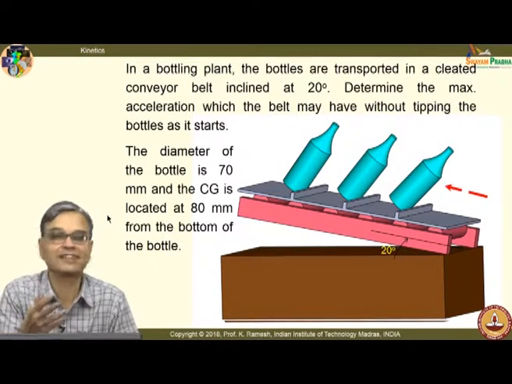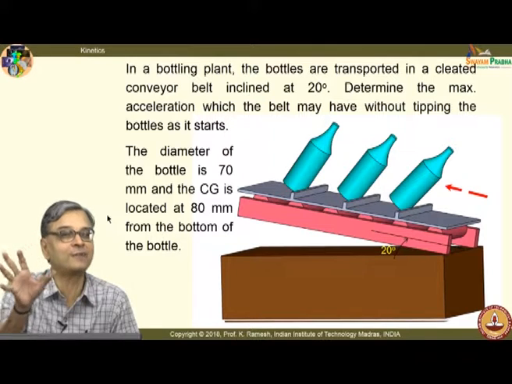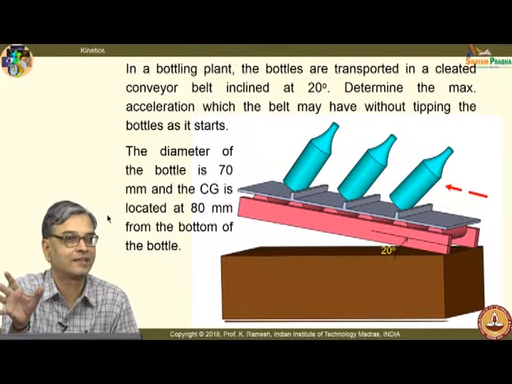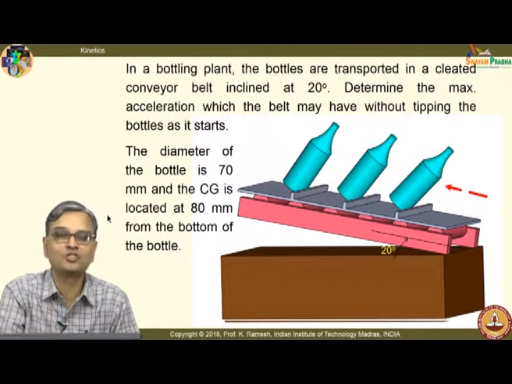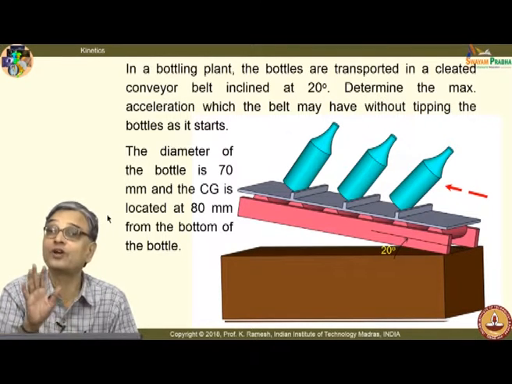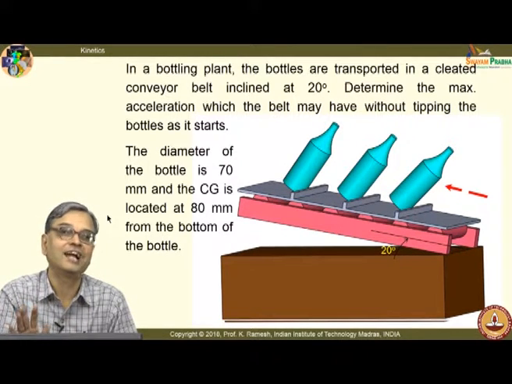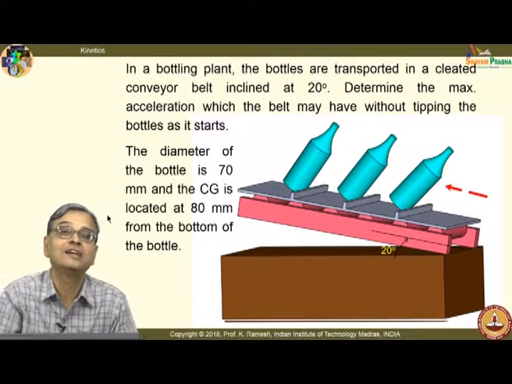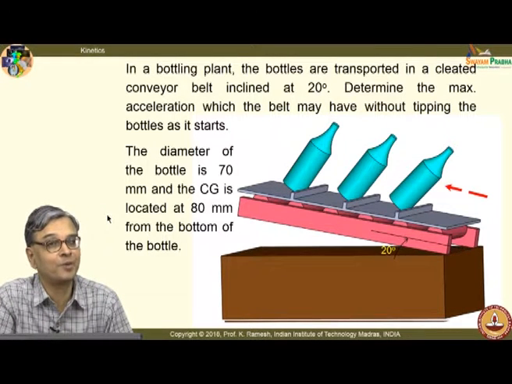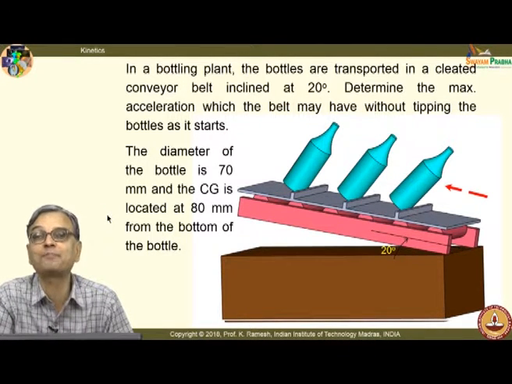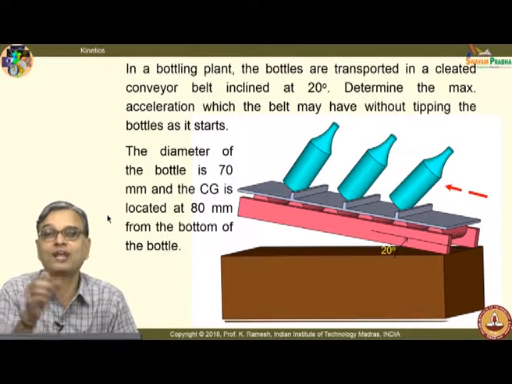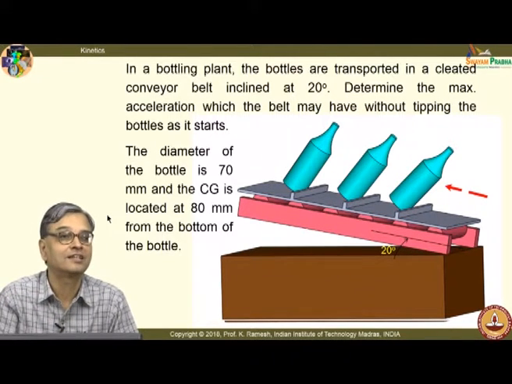When I increase the acceleration, it is natural to expect that this will tip, because the problem can be solved in a few steps if you understand it correctly. And you have to go back to your tipping analysis. In the problem dealing with friction, we have looked at tipping. You have to look at the resultant force being at one of the edges.